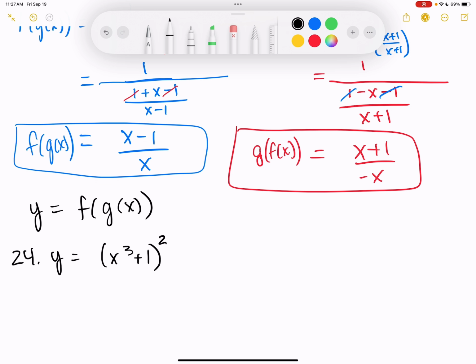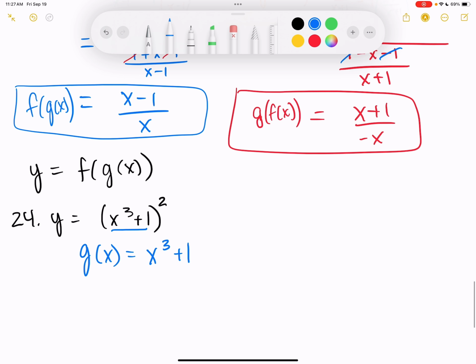Some of these are going to have multiple ways that we could write what their f of x and g of x is. Okay? G of x is the inner part, f of x is the outer part. So the inner part of this one would be x cubed plus 1. So I would say g of x is equal to x cubed plus 1. And then I would say f of x would be x squared.